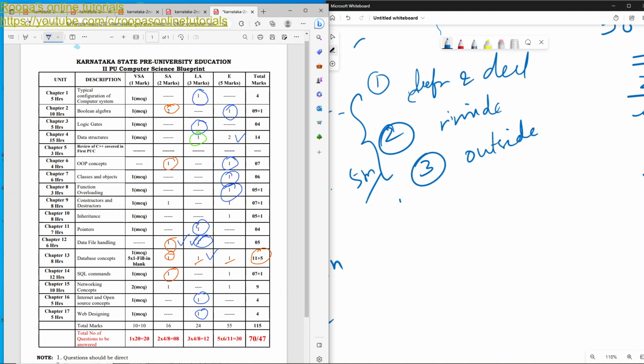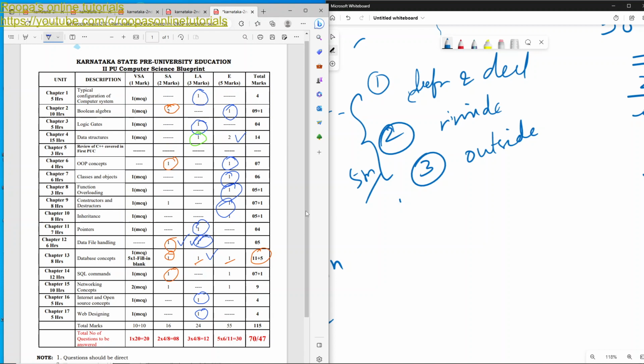That is important. And then you have constructors and destructors. Again, you have what is a constructor, rules for constructor, what is a destructor, rules for destructor. And they may ask you the types of constructor, like parameterized constructor and example, default constructor and example, copy constructor and example. So this is a bigger chapter.